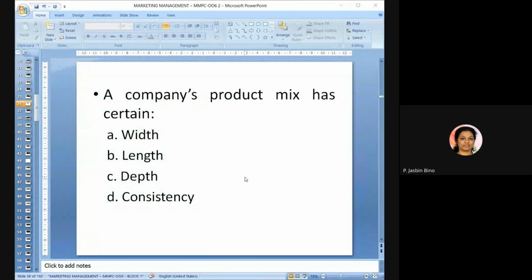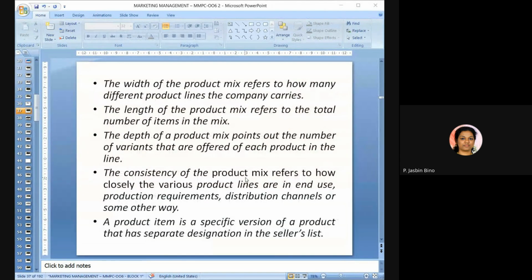A company's product mix has width, length, depth, and consistency. The width of the product mix refers to how many different product lines the company carries. The length of the product mix is the total number of items in that product mix. The depth of the product mix points out the number of variants offered.